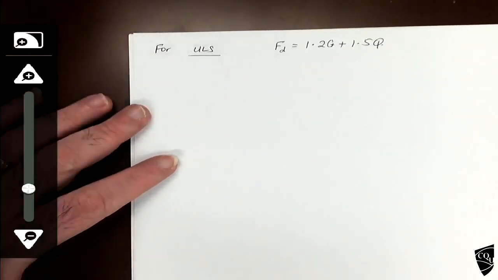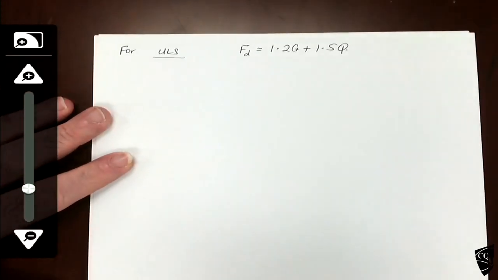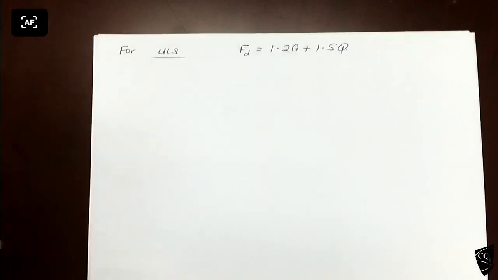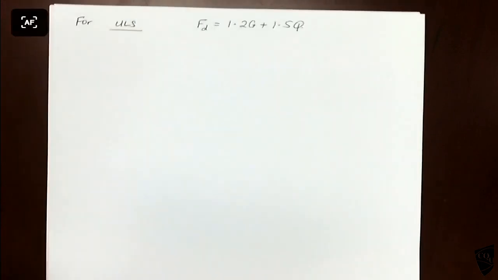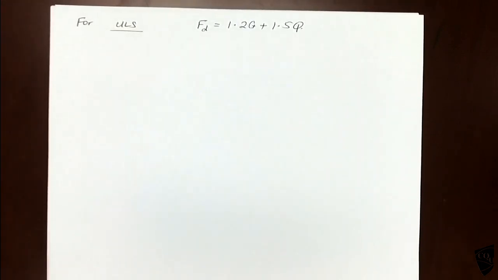So you need to make sure you are using the correct load combination. If you use the wrong load combination, you will not get marks, because your design does not comply. The question here is whether your design complies or does not comply. There's no in between.